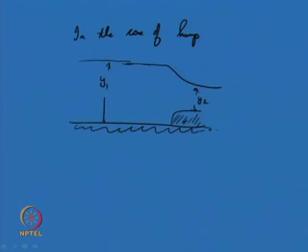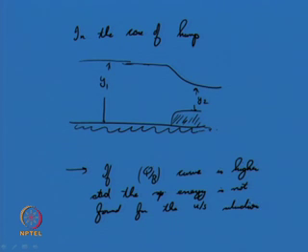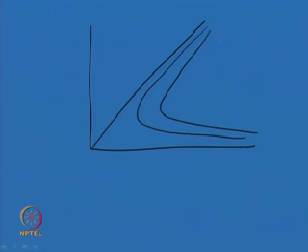If the q by b value is higher and the specific energy is not found for the upstream situation, then from the same curve you have to take the minimum energy.